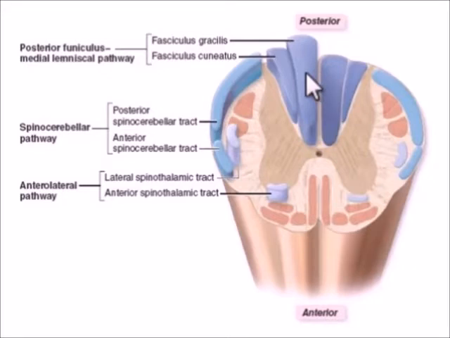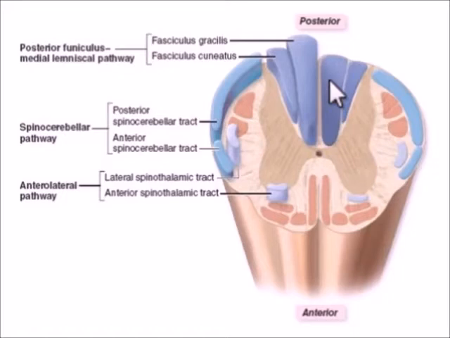They ascend upwards and end up in the thalamus. Then from the thalamus, this tract goes to the post-central gyrus, where the sensation of touch or vibration is perceived.